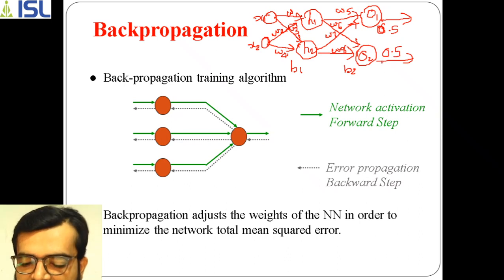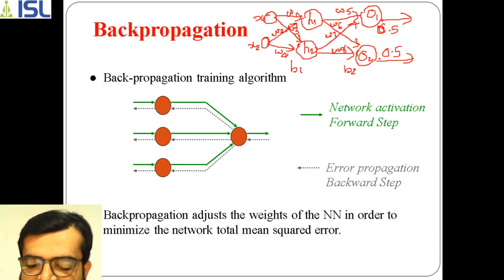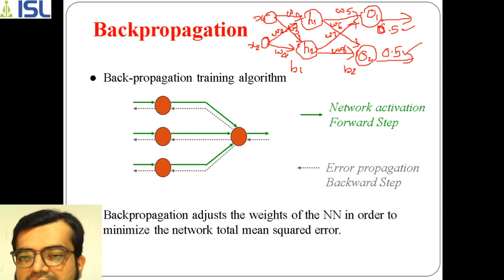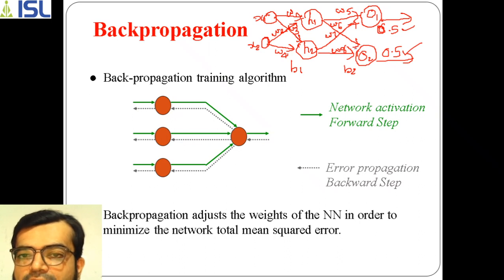But upon calculation, if I get something other than 0.5, the expected output, that means there is a problem in the weights we have taken.